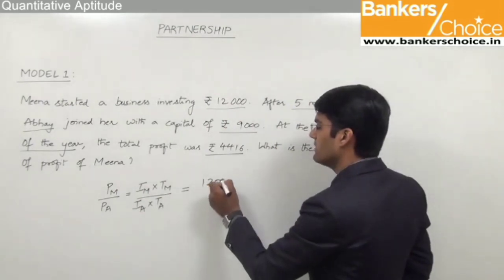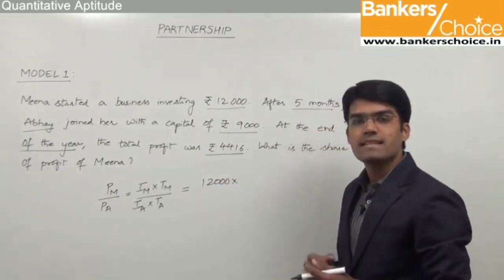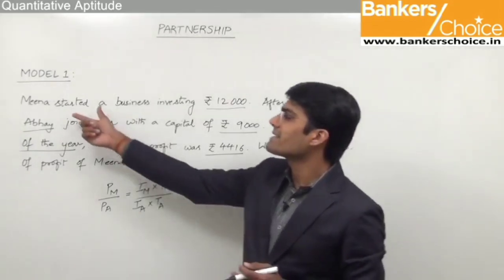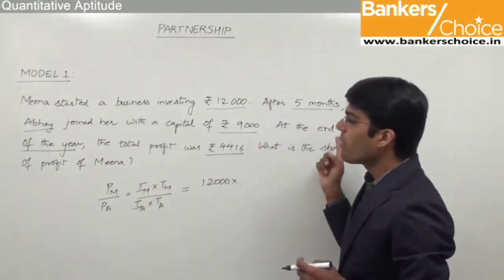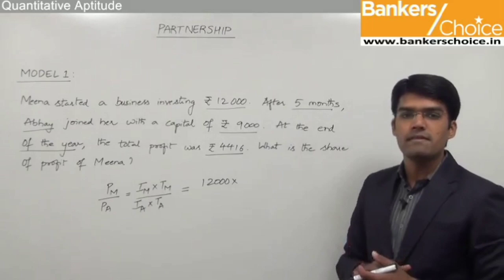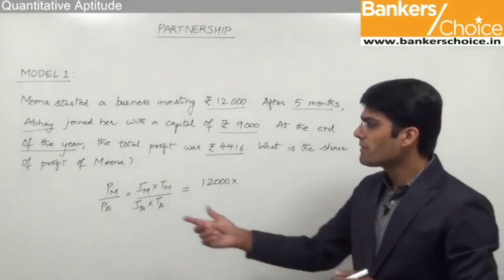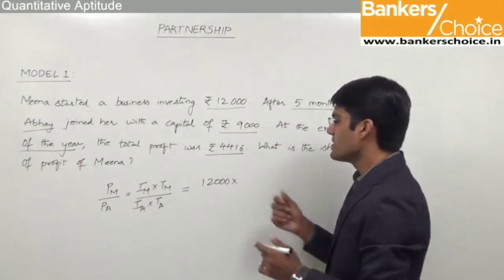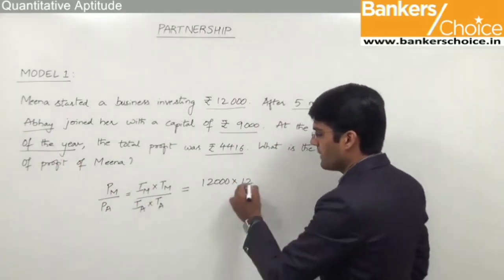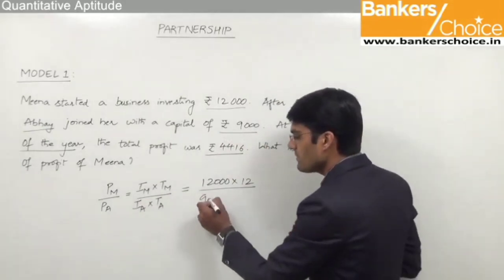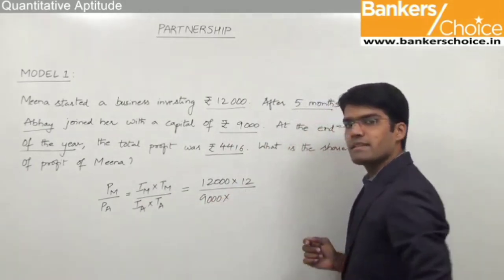So 12,000 into the time of Meena's investment, which is nothing but 12 months, because Meena has started the business and at no point it is mentioned about Meena leaving the business. So very clearly Meena was there in the business for the whole period of 1 year. So she was there for 12 months, divided by the investment of Abhay, 9,000, into the time of Abhay's investment.